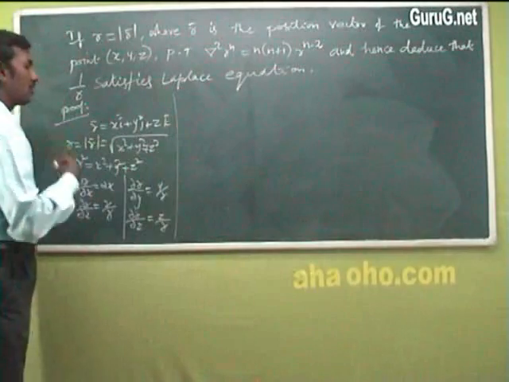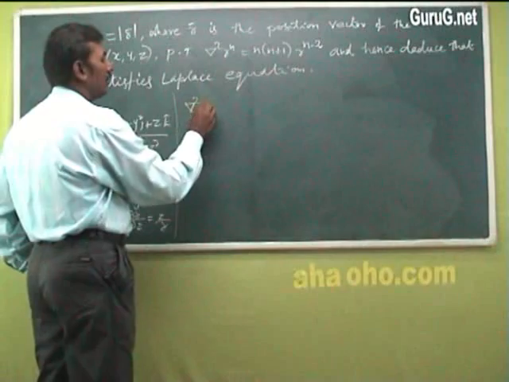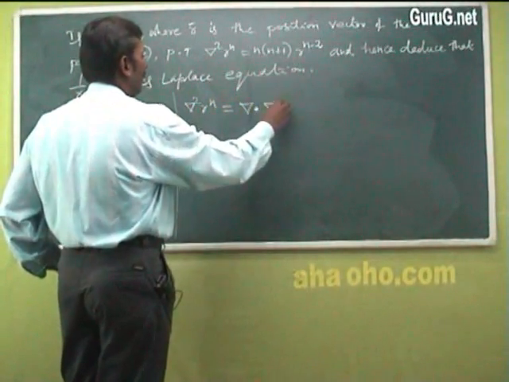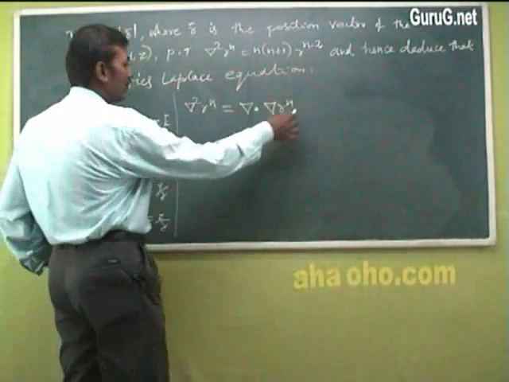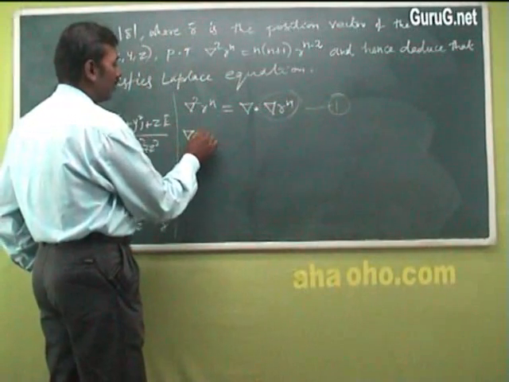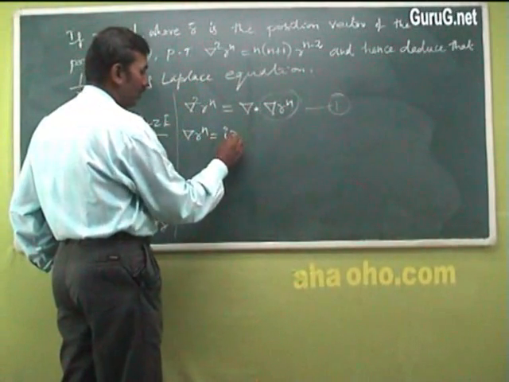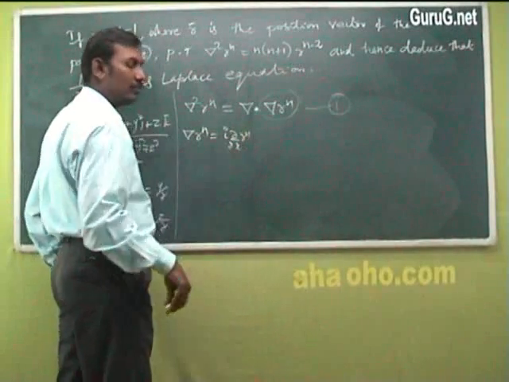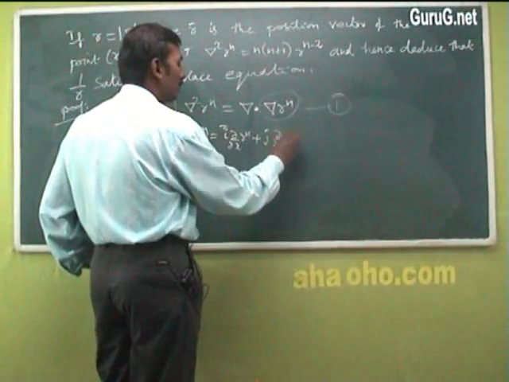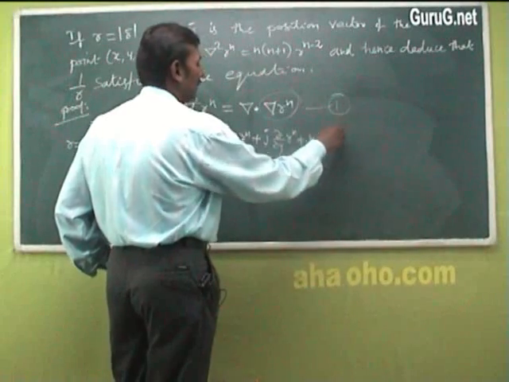Okay, remember these results. Then del squared r power n. Del squared r power n is nothing but del dot del r power n. So we need del r power n, right? Del r power n equals i into dou by dou x of r power n, plus j into dou by dou y of r power n, plus k into dou by dou z of r power n.